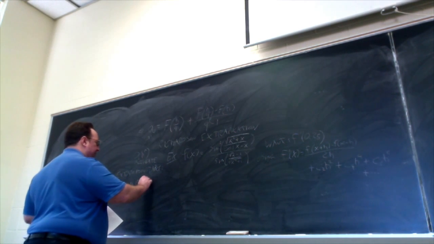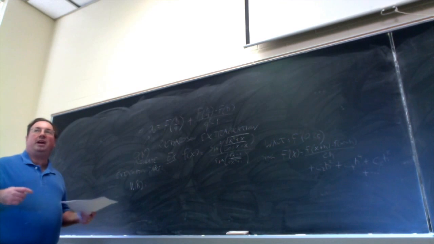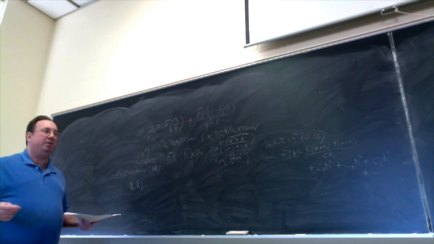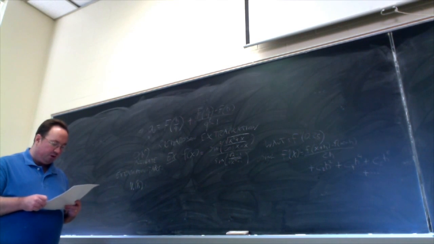All I want to show you here, because the numbers themselves are kind of meaningless, is the error. What happens to the error as we extrapolate? At least we can compute the exact value to compare against to see how well this works.